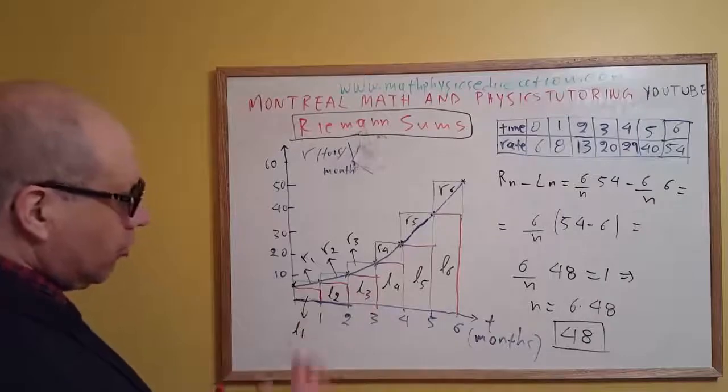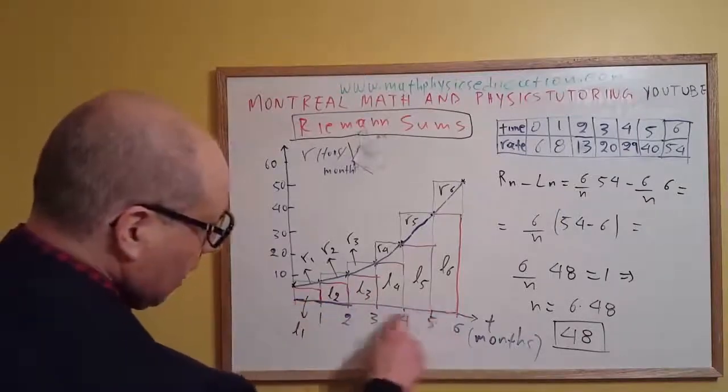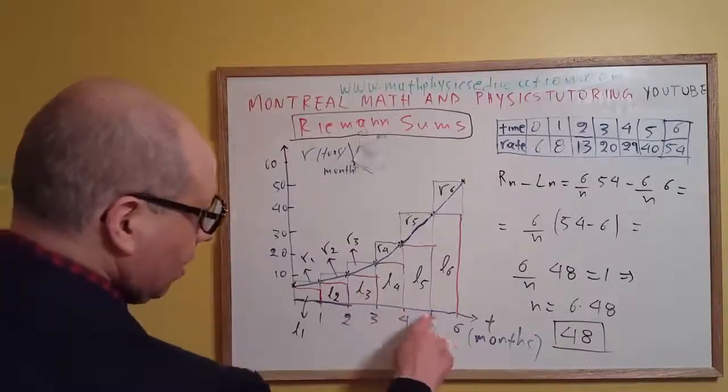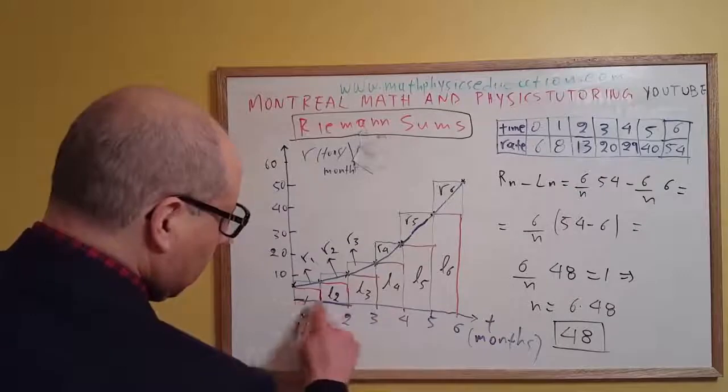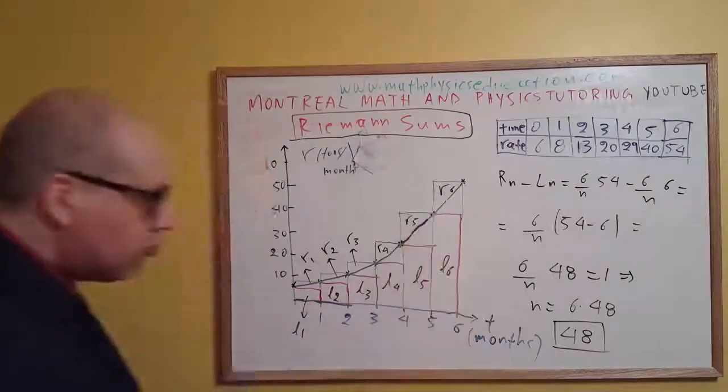For the visualization of the problem, let's say the delta t will be 1. That means I will have 6 such rectangles.